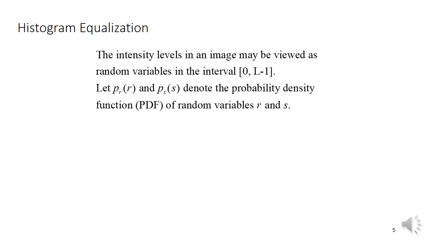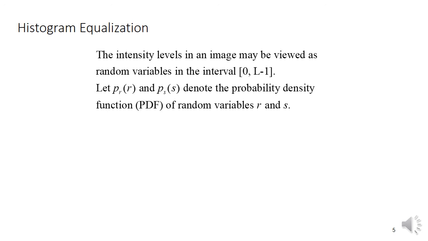If we have an 8-bit image, then the maximum of the value is 256, but the maximum intensity value here is 256 minus 1, which is 255. So the interval we have is 0 to L minus 1.